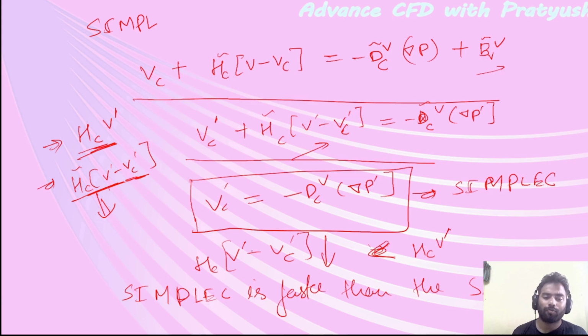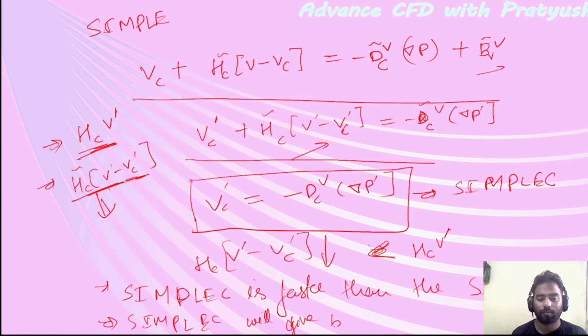Also, one more thing we observe: whatever you get after solving the momentum equation, the simplex scheme will give a more appropriate, more correct solution, because the quantity we are ignoring is smaller than in the simple scheme. So I can also write: better solution compared to the simple.